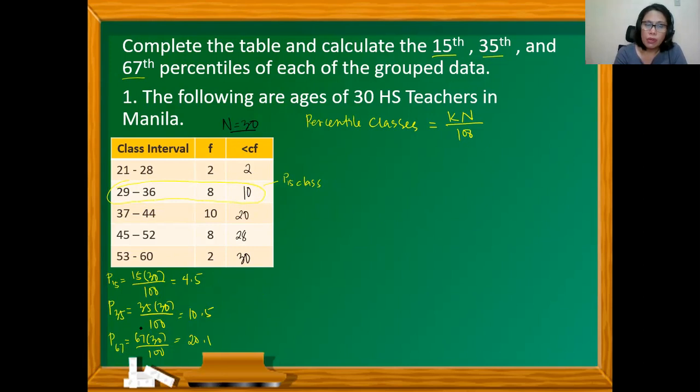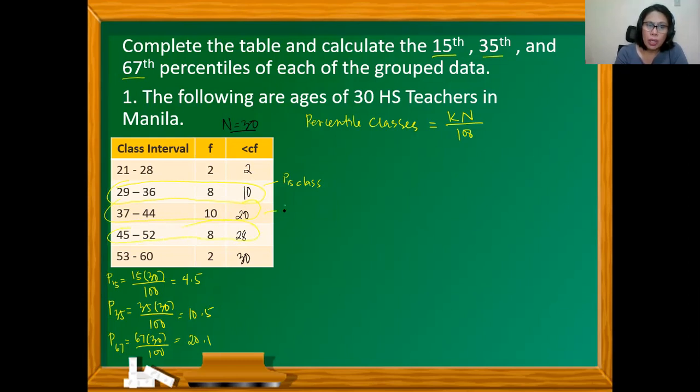Now with P sub 35, since there is no 10.5 in this column, we're going to consider the third class since 20 is the closest value among these three possible values which are greater than 10.5. And lastly, for 20.1, we're going to consider the fourth class.